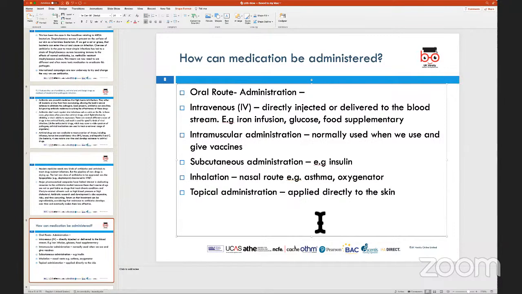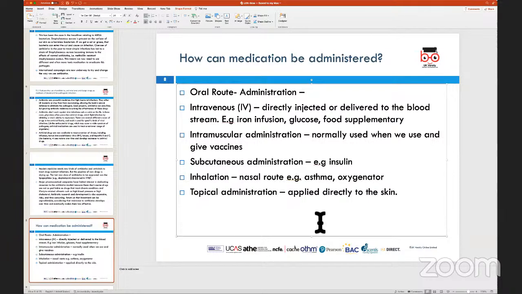So those of us who are parents have given medication through the topical route, because when we look at babies and they have nappy rashes, or when they develop sore skin, sometimes you are given antifungal and various different types of creams, such as corticosteroids, essentially creams which are drug-based, and they are generally applied on the skin.